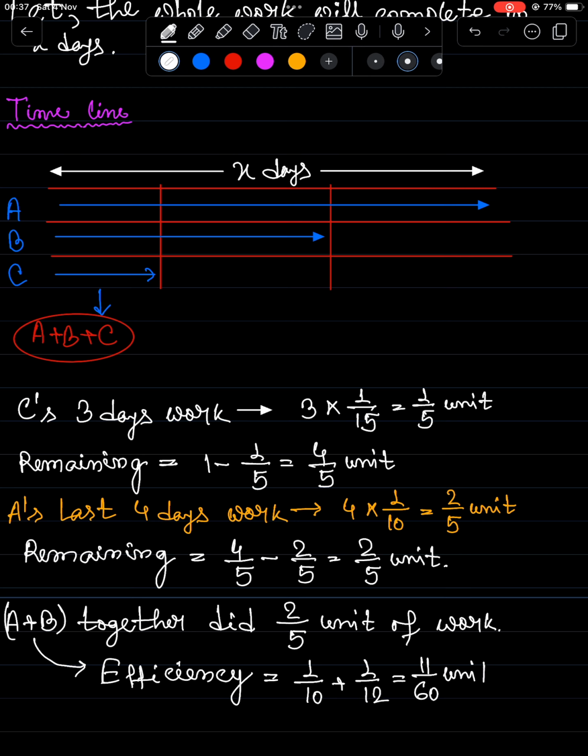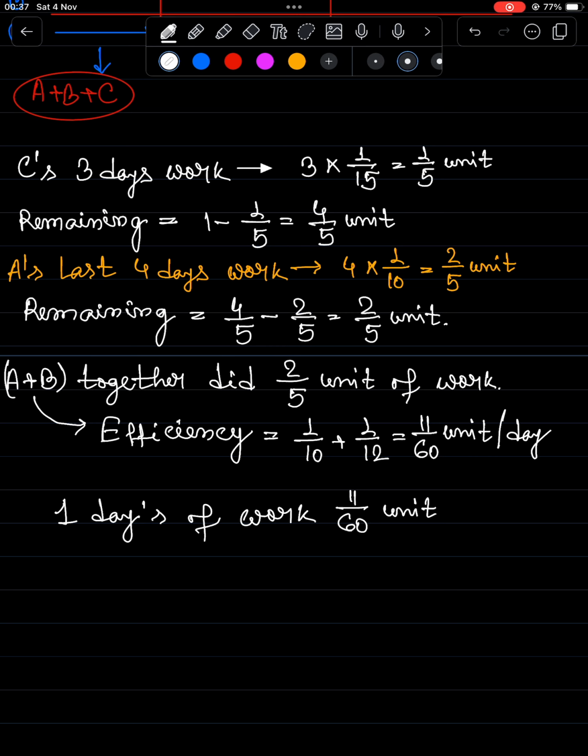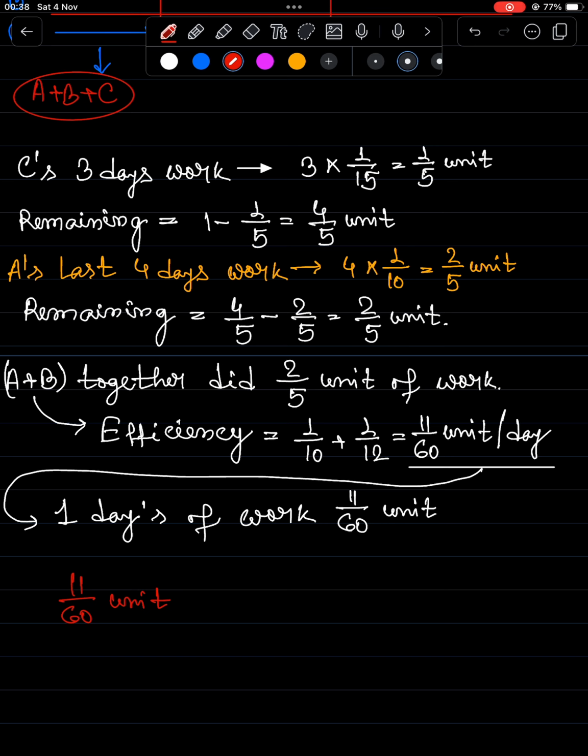So the sum of their efficiency is 1 by 10 plus B's efficiency 1 by 12, which in total is 11 by 60 unit per day. Efficiency means per time. So 1 day of work is 11 by 60 unit by A and B together, which is represented in the second column.